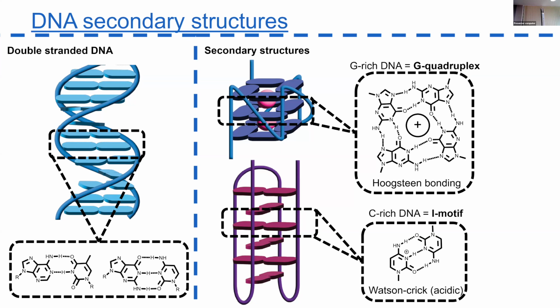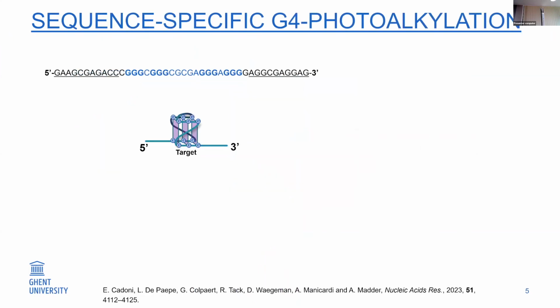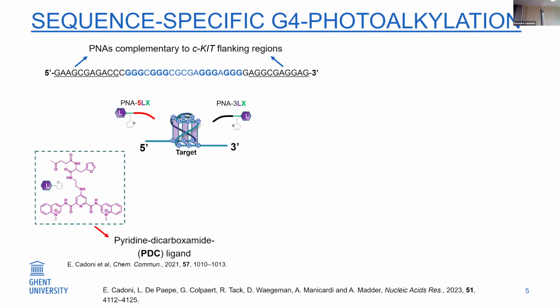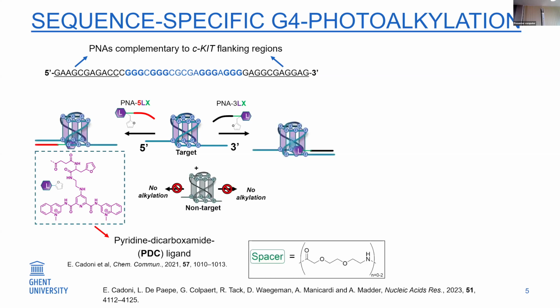So what we did was simply taking this G-quadruplex as a model system. We took the flanking region of the G-quadruplex and then we used a peptide nucleic acid complementary to this flanking region. We equipped these PNAs with a ligand that contains, of course, our furan molecule, and we tested the alkylation towards the G-quadruplex in the presence of competitors. So we also used non-furan-containing ligand PNAs as an additional control.